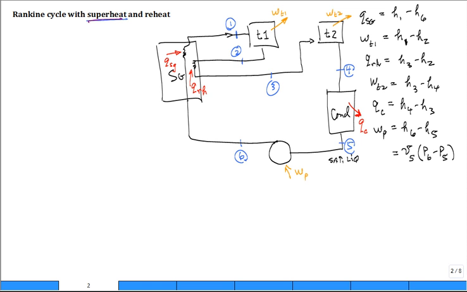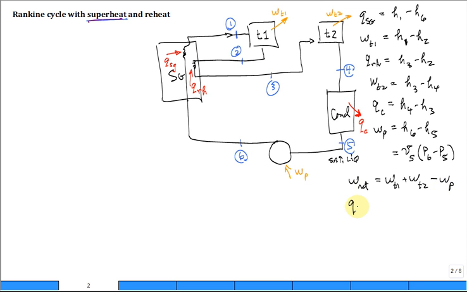All right. Once we calculate all the Q's and W's, then we can do work net out. The work net out of the system would be what the first turbine stage produces plus what the second turbine stage produces, minus what the pump consumes.